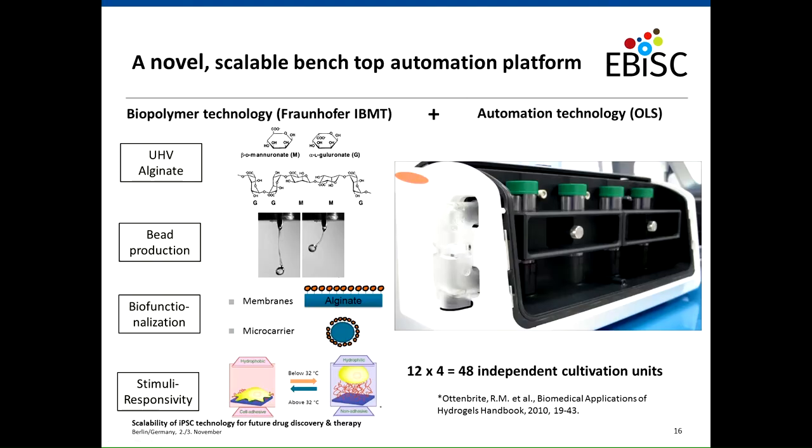The big advantage here is that this system does not work with impellers like normal suspension bioreactors, but they have a baffle inside. So the shear stress in this system is very, very low, and that's why it works quite nicely with the iPS cells. And with our 12 systems, you have 4 cultivation units each. That means we have all in all 48 independent cultivation units.